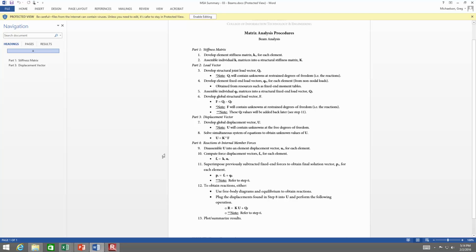If I'm boring you with describing this process, then I think I'm doing my job, because the concept of matrix analysis, writing a stiffness matrix for each member, assembling it, applying boundary conditions, solving for displacements, and then backing out, if that is becoming old hat, then I'm doing well.